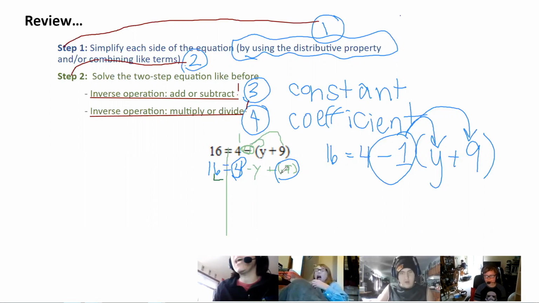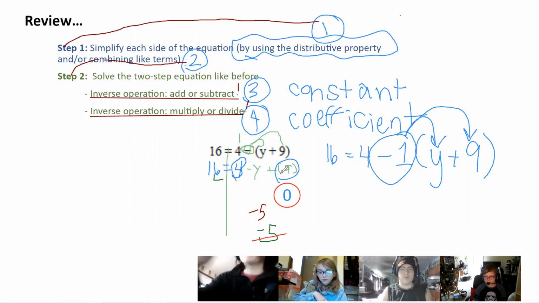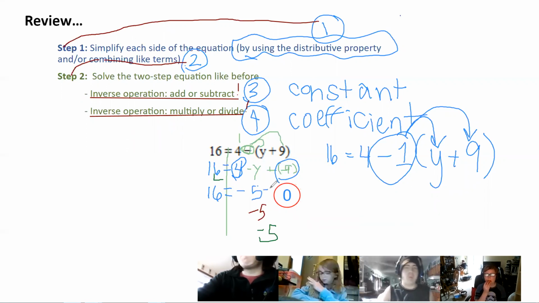I don't know if it would be 8, because that's like saying I have $4 and I owe you $9. What is that? If you have 4 but owe someone 9. Yeah, Connor, very good. -5. You're totally right. So we would bring down the 16, and then we would have -5 minus that y.